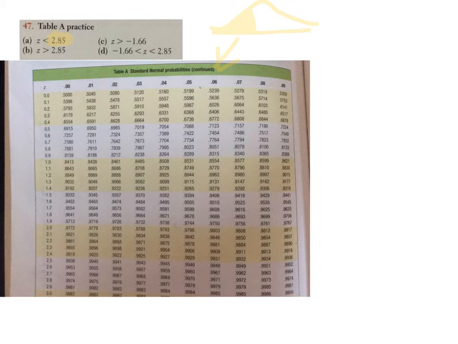Part A asks you for the area to the left of 2.85. So I go to 2.8. Notice I'm highlighting in green. That's the line for 2.8. And it's 2.85, so I'm going to go up here where it has 5 and then go down. And right there in the middle where they hit each other, 0.9978, that is the area for part A.